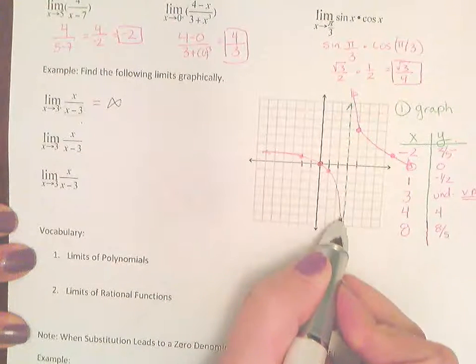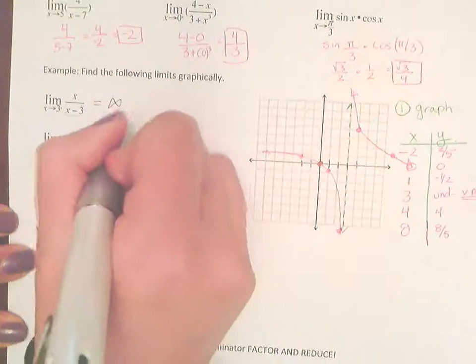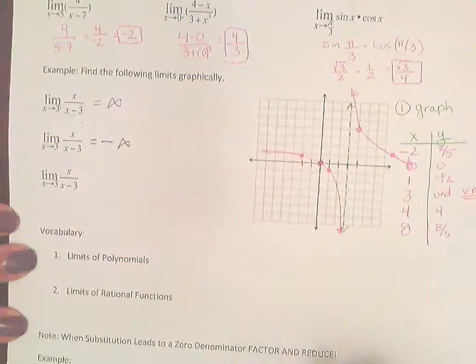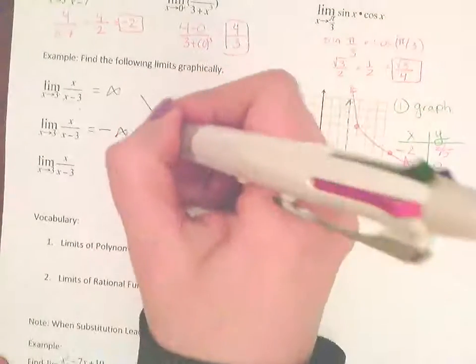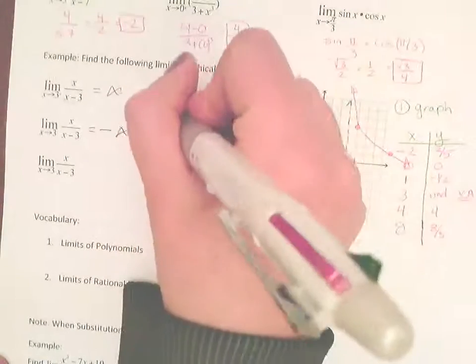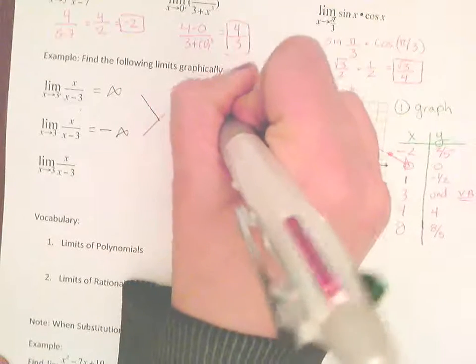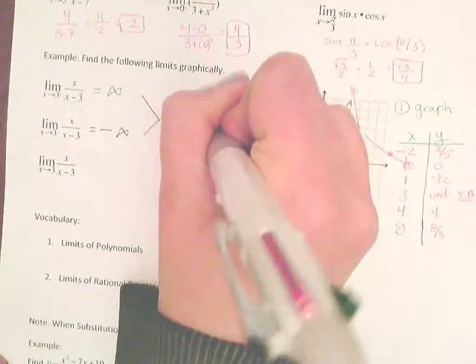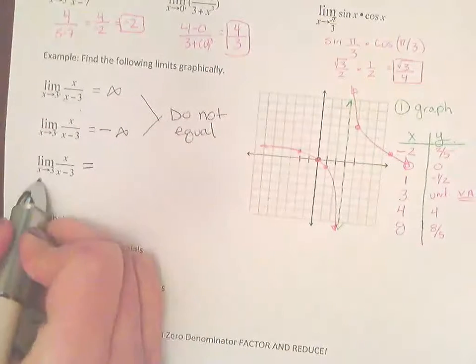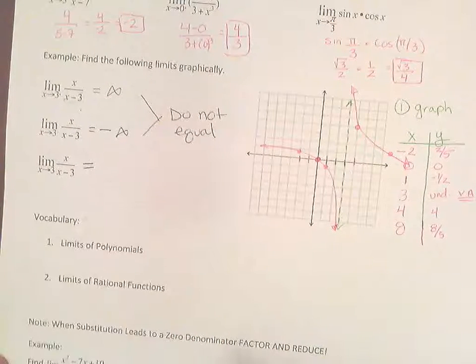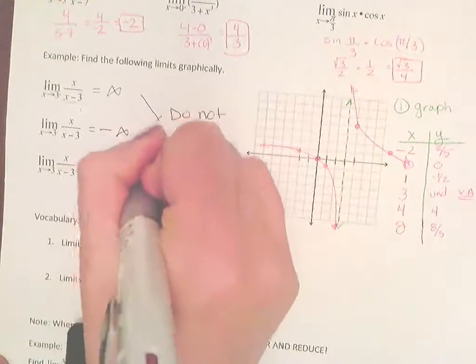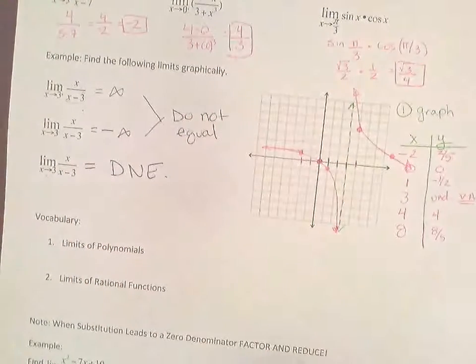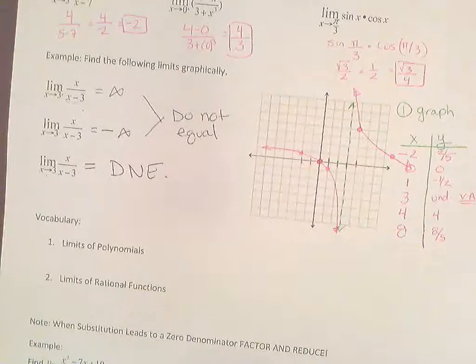Where is it going? To negative infinity. So remember our definition, because these two do not equal, I know that my actual limit for this function as x approaches 3 does not exist. Okay?